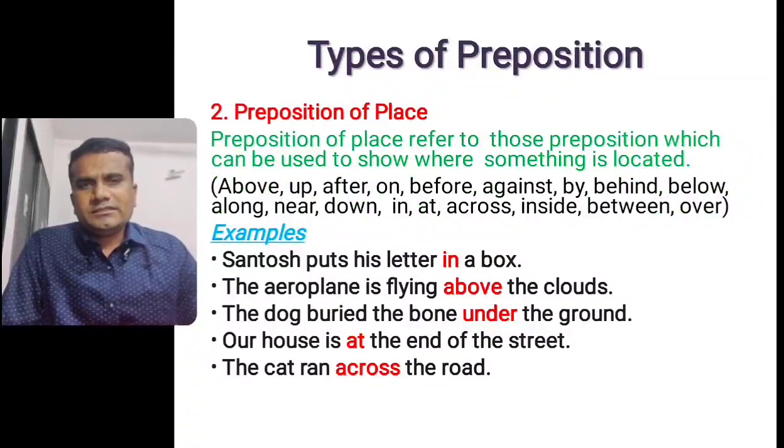Now this is the second kind of preposition, that is preposition of place. Preposition of place refers to those prepositions which can be used to show where something is located. The list of prepositions of place is given in the bracket. You can see on the screen.